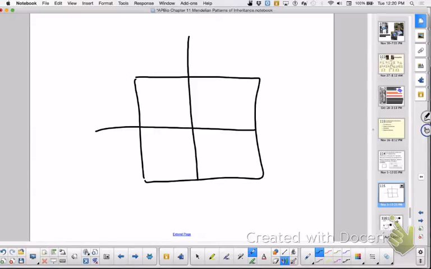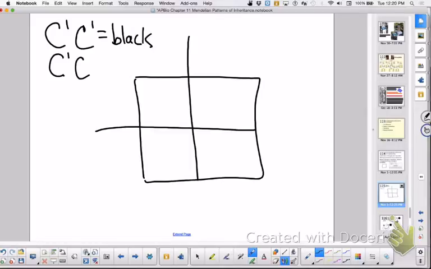Color, C. So you could have C1 and C1 equals black, right? What else would you do? C1 and C2 equals what? Gray. And then C2 and C2 equals what? White.